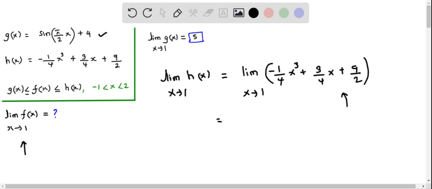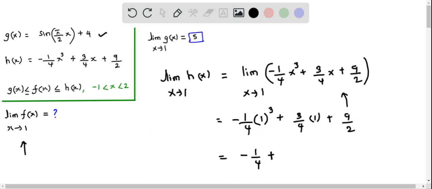It is continuous everywhere. We will check when x approaches 1 by plugging in x equal to 1. So this becomes negative 1/4 times 1 cubed plus 3/4 times 1 plus 9 half. Let's simplify this. This is negative 1/4 plus 3/4 plus 9 half.